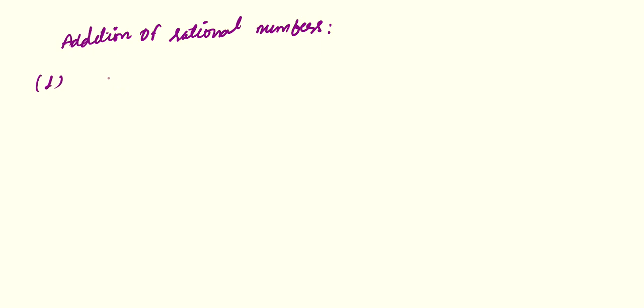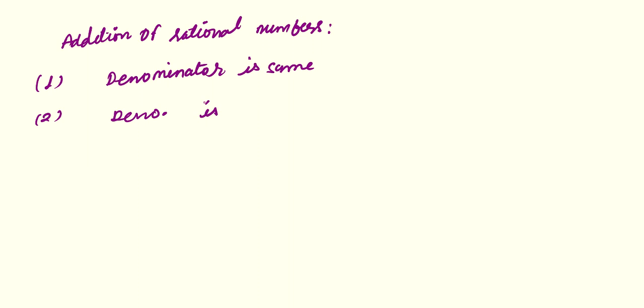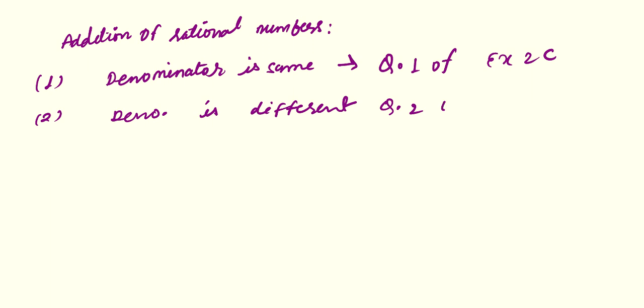The first one is when the denominator is the same, and the second is when the denominator is different. When the denominator is the same, it is question number 1 of exercise 2c, and when the denominator is different, the questions are of question number 2 from exercise 2c.